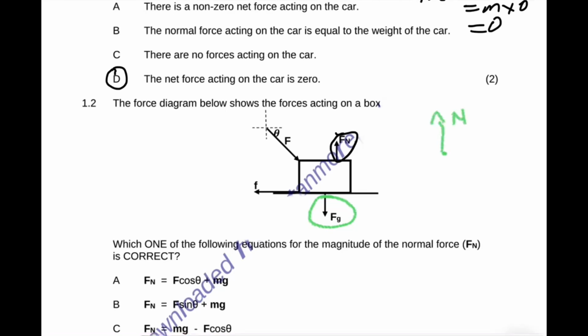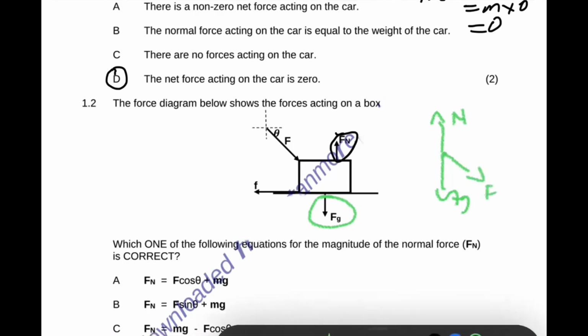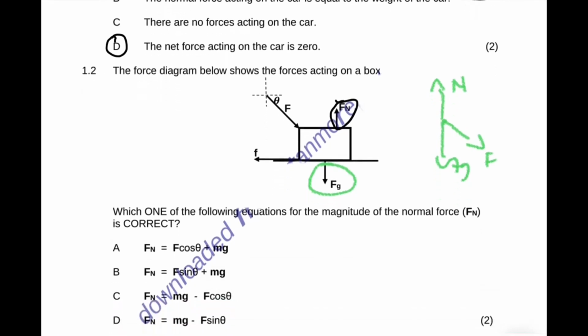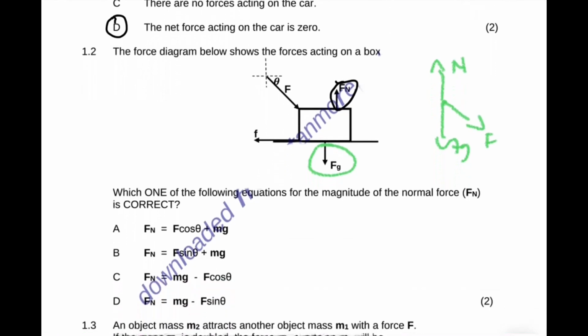We have the normal, we have the Fg, and then we have the force applied, right? So you can write the force applied like that, or you can do it like this, right? So we have our F applied here, and then nothing is said about the object moving up or down, right? So that tells us that the forces acting on the object along the y-axis are balanced, right?